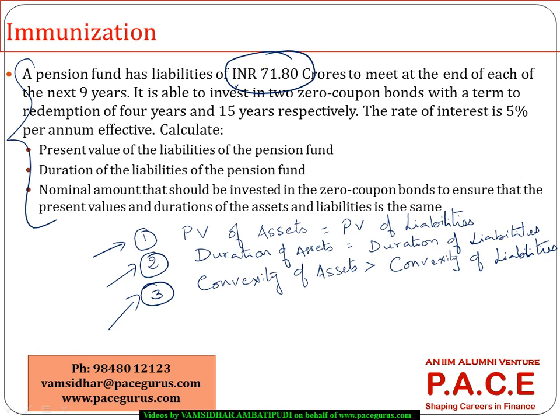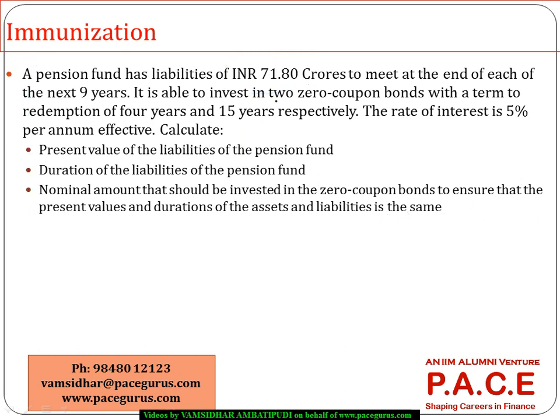of 71.8 crores of rupees to be met at the end of each of the 9 years. So if I put a timeline 0, 1, 2, 3 up to 9, at the end of each of the 9 years there is a 71.8 crore liability.